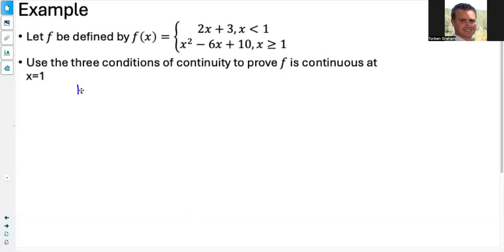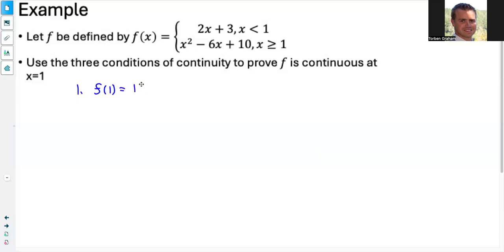So first, we need f to exist at an x value of 1. So if we have f of 1, x is 1 with this function here. We can see this one doesn't have an equal to, so therefore we'll be substituting our 1 into this equation here.